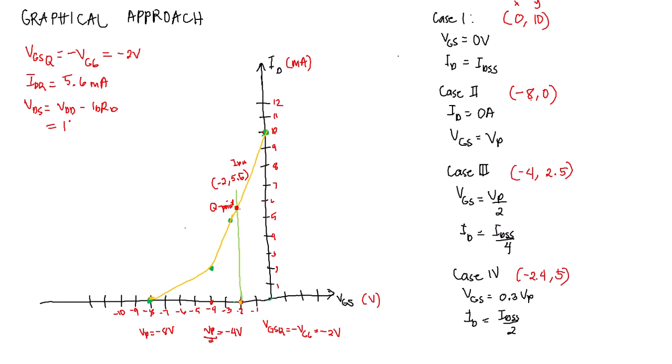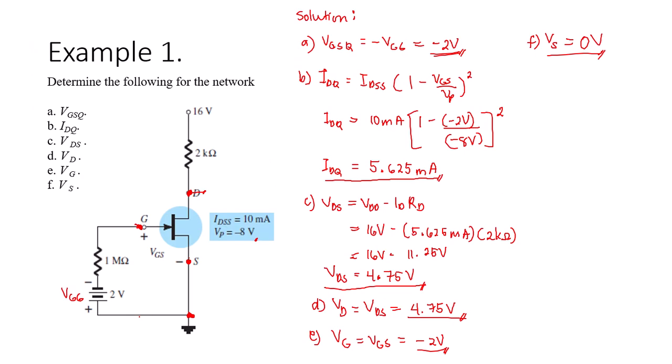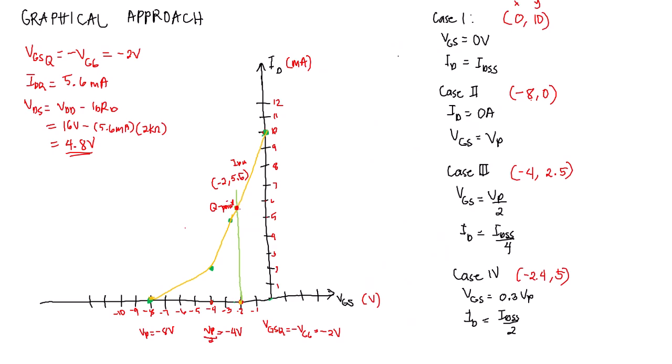Our VDD is 16 volts minus 5.6 milliamperes times our RD of 2 kilo ohms, giving us a value of 4.8 volts. Compared with the computed value of 4.75 volts, they are nearly the same.